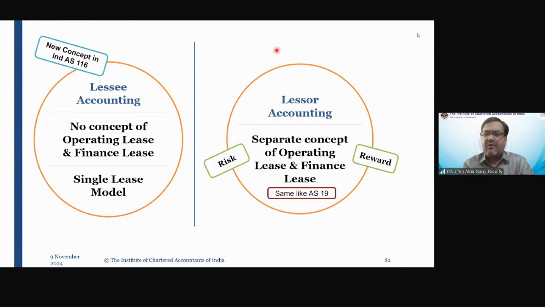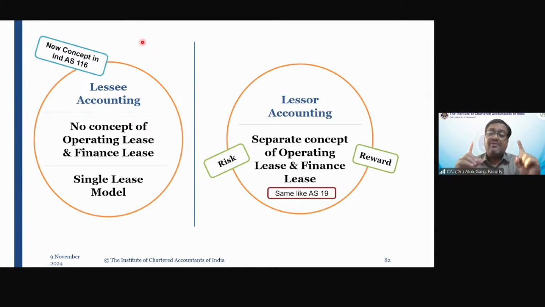You are all aware of operating lease and finance lease. When the risk and rewards are not getting transferred to the lessee, it is an operating lease. When the risk and rewards are getting transferred to the lessee, it is a finance lease in the books of the lessee.